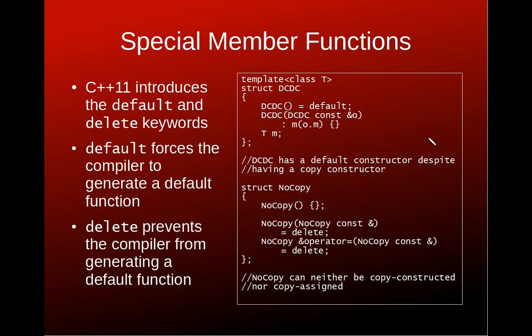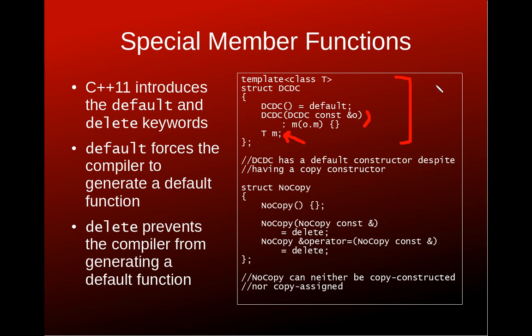So let's talk about the default and delete keywords. Draw your attention to this struct right here. This is a templated struct called DCDC. Now DCDC has a member variable m, and it has a copy constructor, which just copy constructs m with the m variable of the other structure.